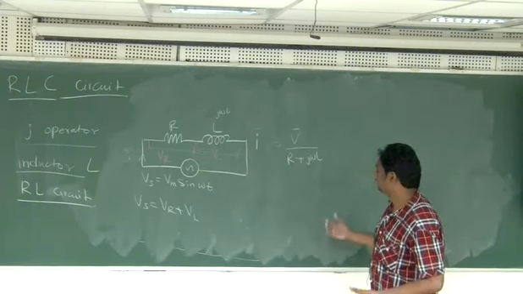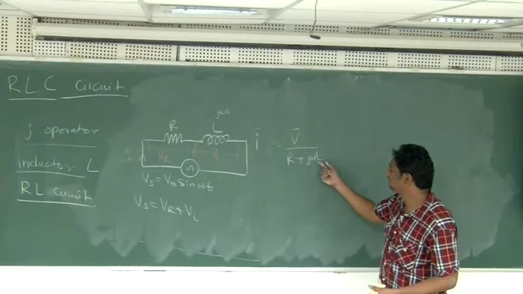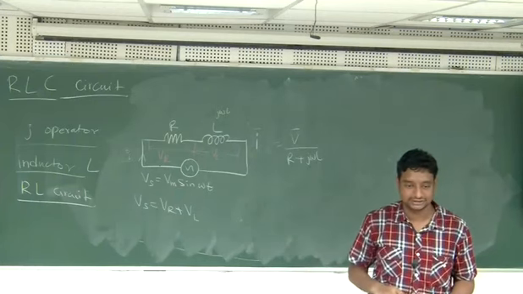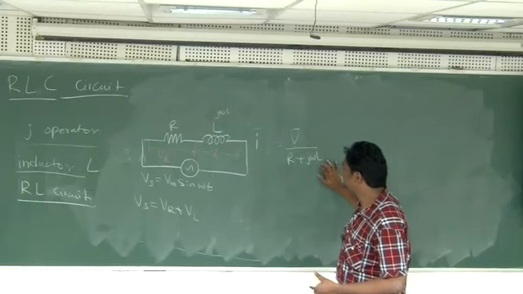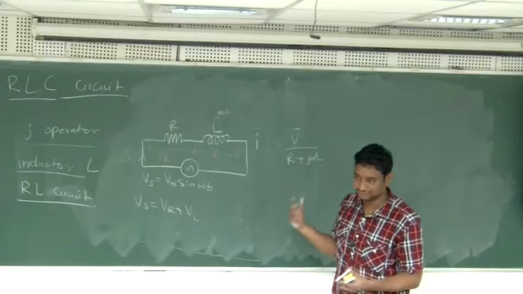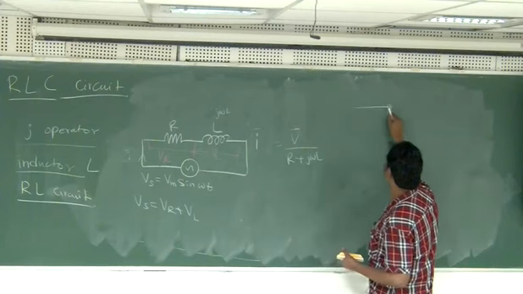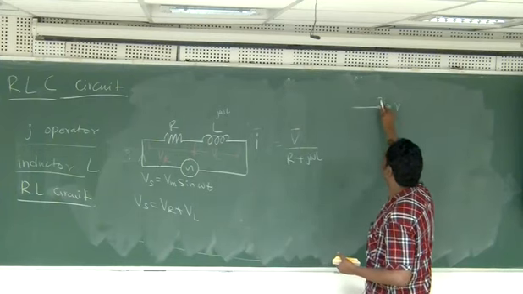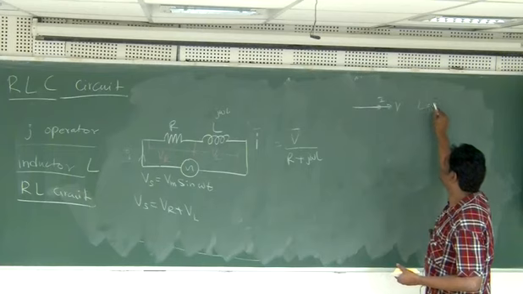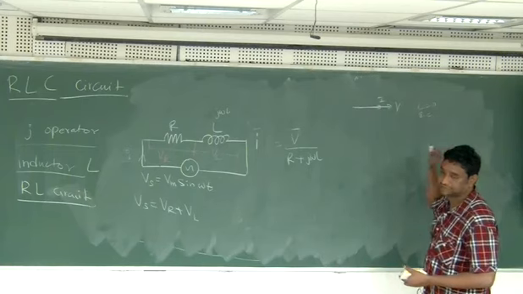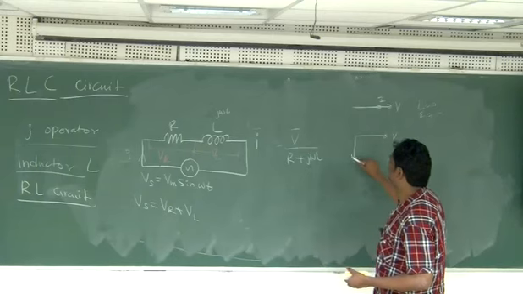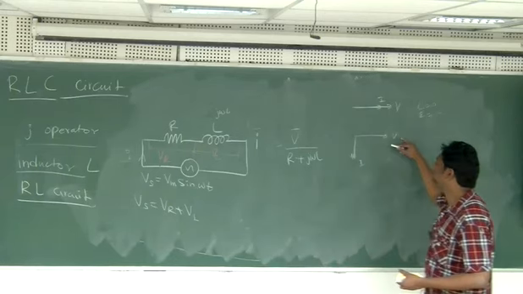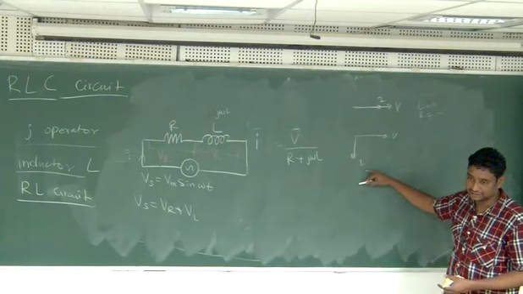In other words, if you imagine L is 0, in that case I and V both are in phase. So this is voltage and this is I. This is the case where L equal to 0 and R equal to some value. Another case is voltage and then current, where voltage is still the same, current is 90 degrees lagging.